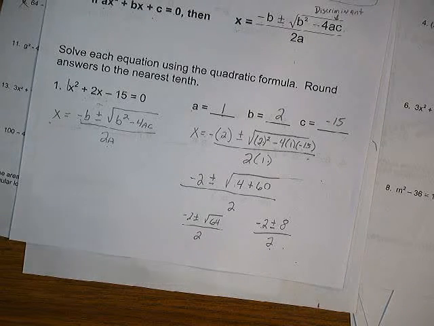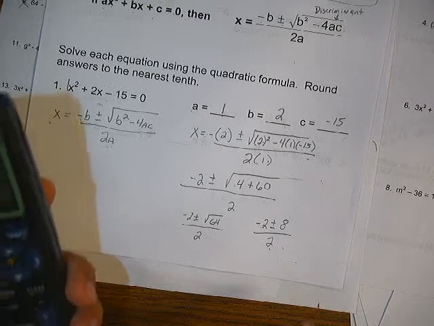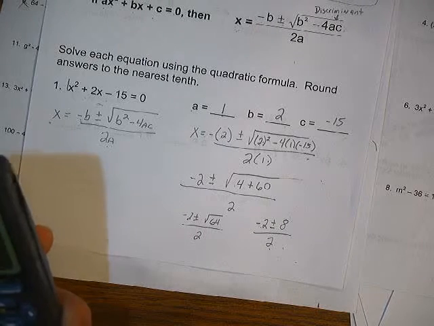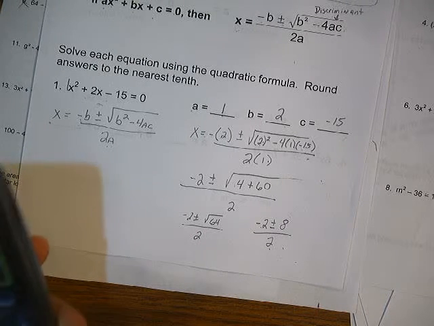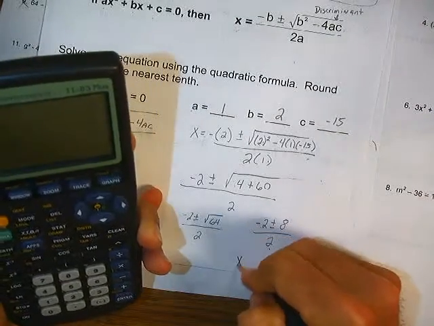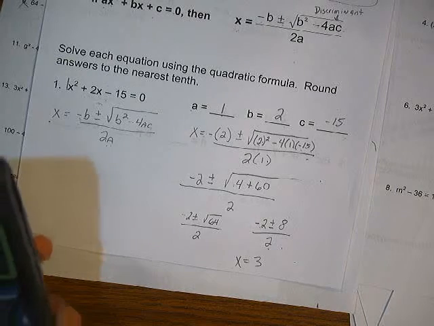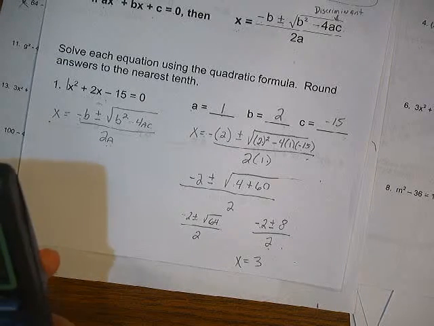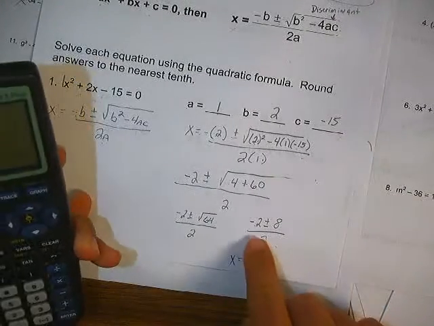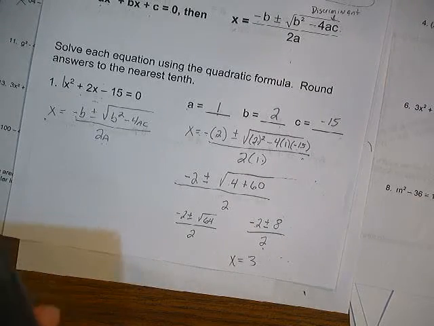Okay? Now, in your calculators, I want you to go negative 2 plus 8 enter divided by 2. 3. So x equals 3. Now go negative 2 minus 8 enter divided by 2.